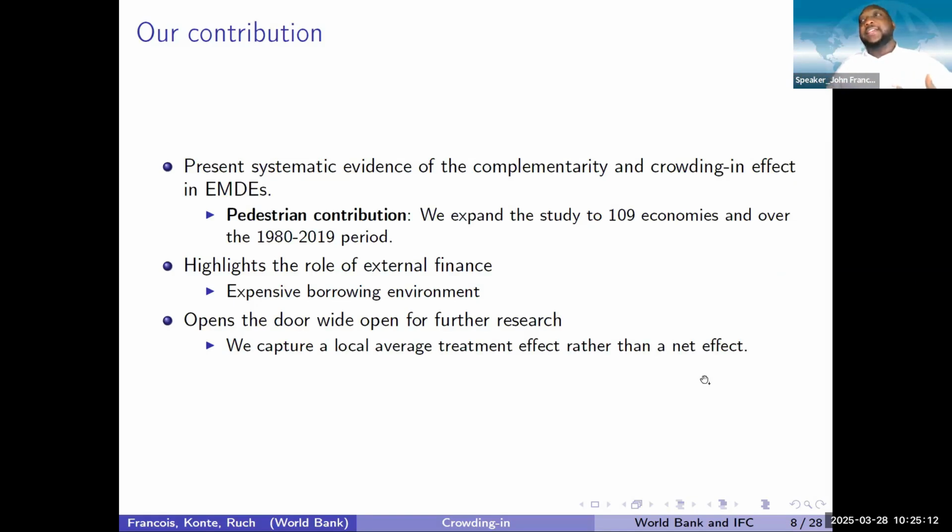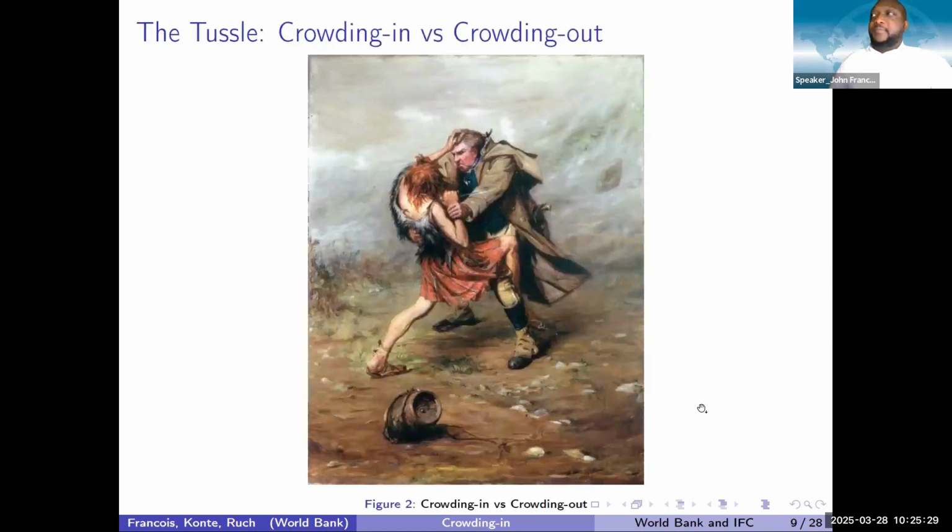So we don't look at this in our work, and hence it opens the door for anyone who wants to look at just the general impact, including both the external financing and domestic financing, to see the impact of public investment on private investment.